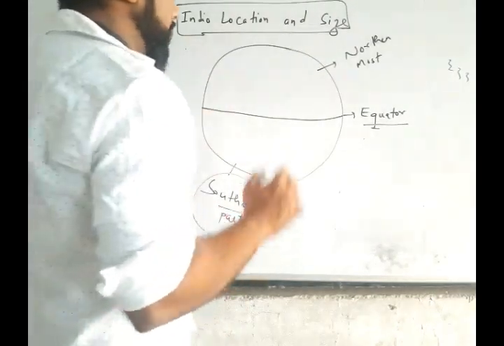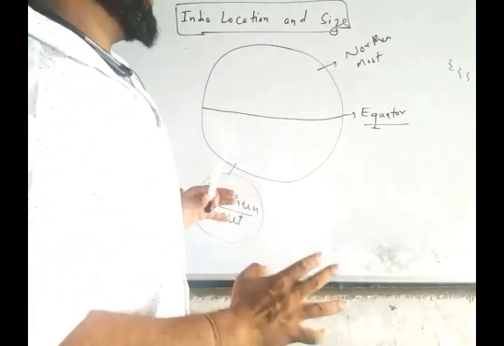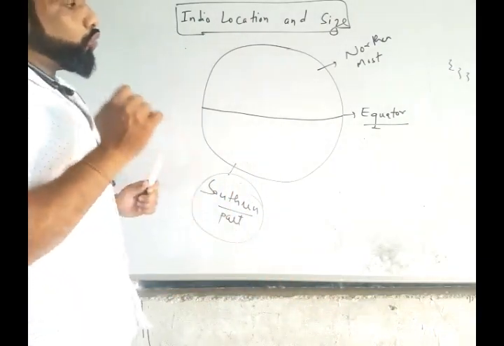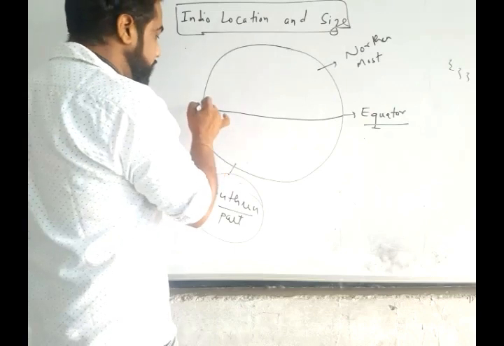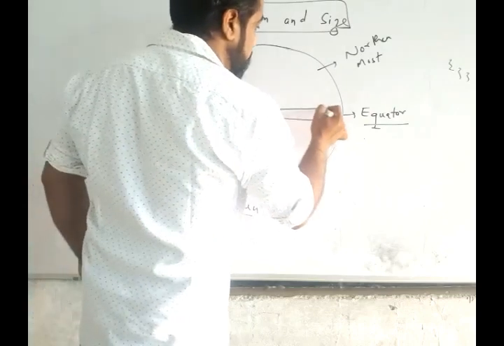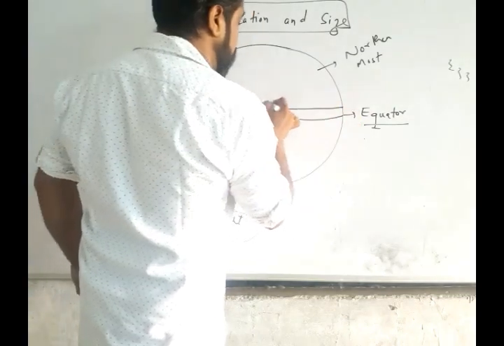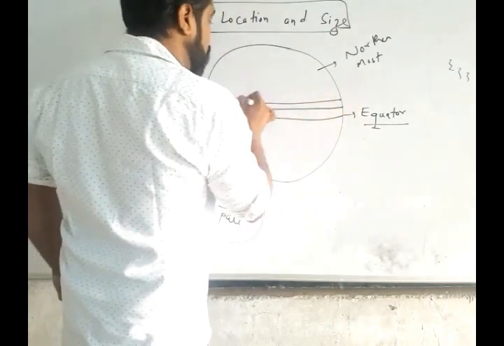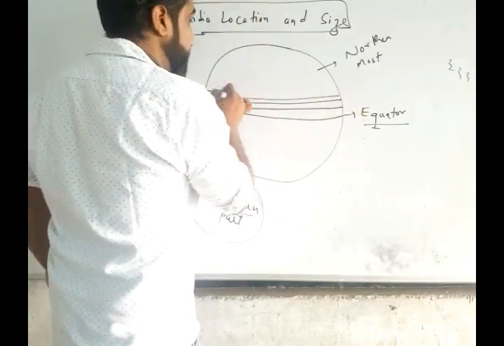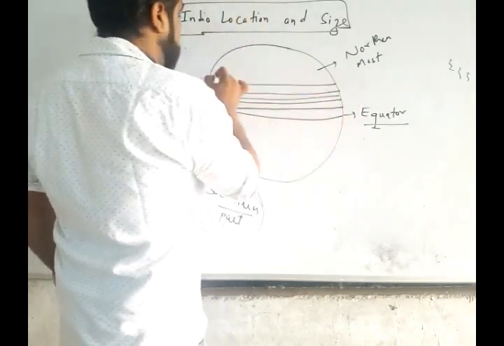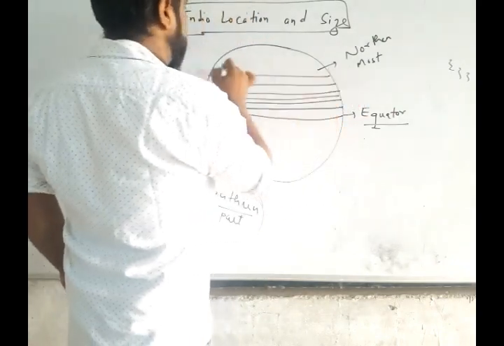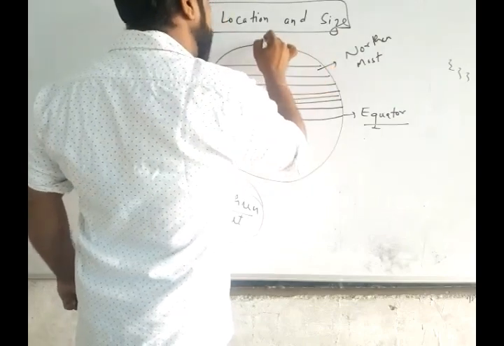And this line is not sufficient, so we draw many lines on this globe in horizontal phase. In horizontal phase, we draw a lot of lines, and these lines go up to the poles. This is our pole.